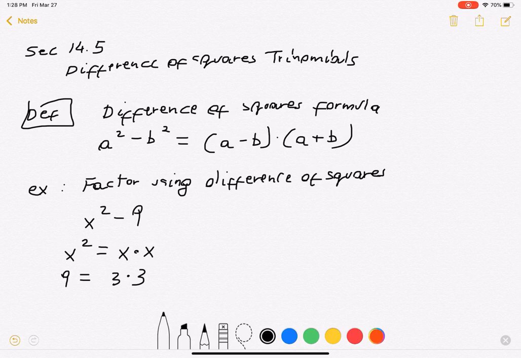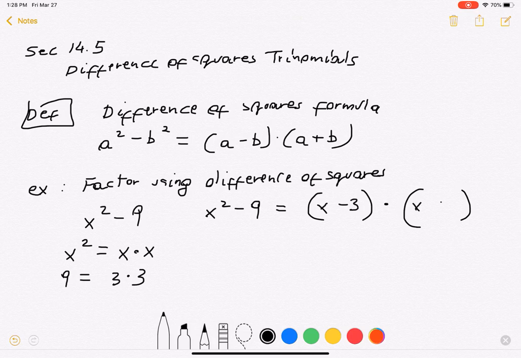So how are we going to factor that? You have x squared minus 9. This is the same as the product of x minus 3 times x plus 3. Okay. So also, how can you always get that when you have a difference of squares? You can always check if you can take the square root of each.